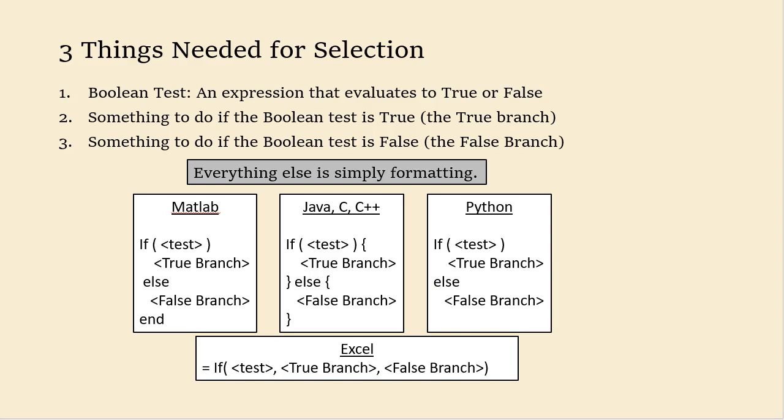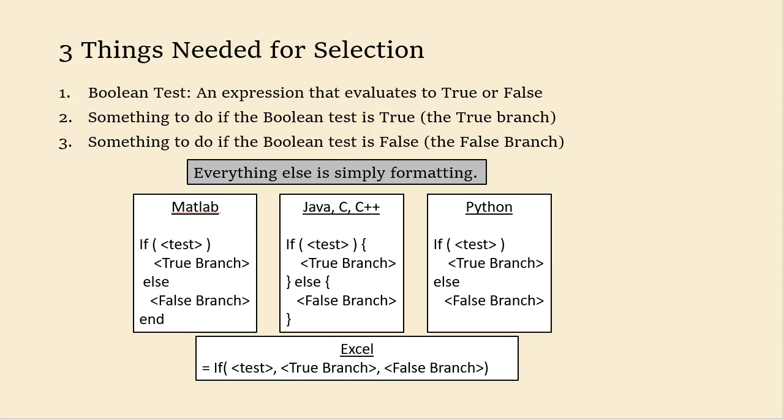Then you need to do something if the Boolean test is true, and something to do if the Boolean test is false. Now, one of them might be nothing, do nothing. But that's okay, that's still doing something, right? You're choosing to do nothing.